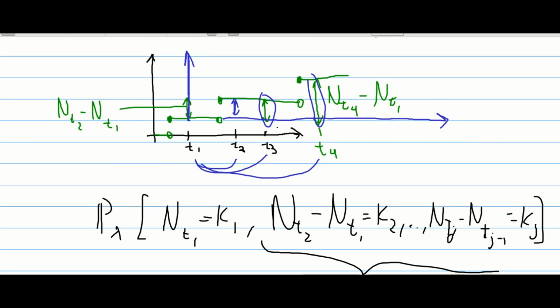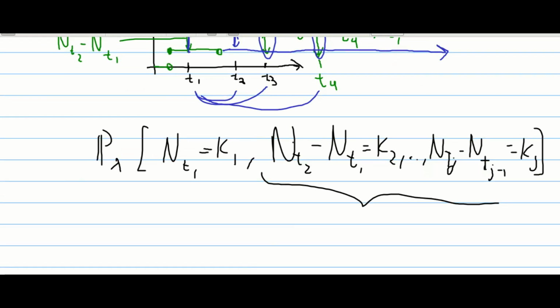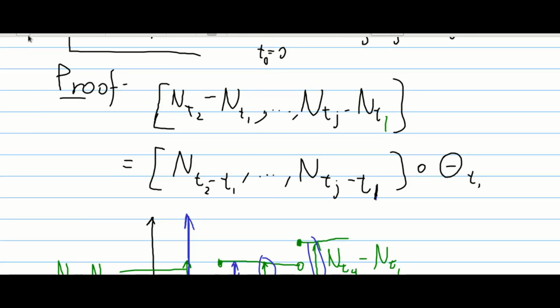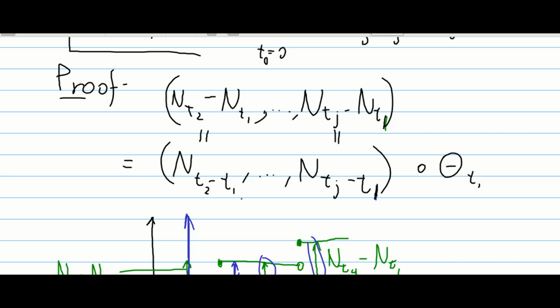So what we are doing here is looking at the increments. But if we sum and subtract, oh, by the way, I just saw that I made a mistake here. This is not a bracket, this is a parenthesis. So this is all the vectors. The vector NT2, NT1, and all the way up to NTJ minus NT1. So here we have all these vectors are equal to these ones at the same time. So also their subtractions are the same.